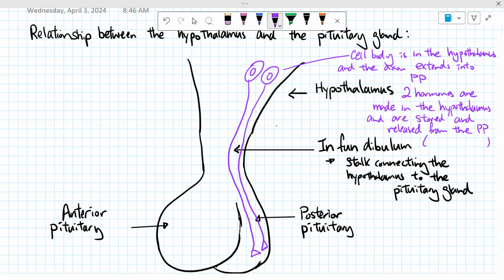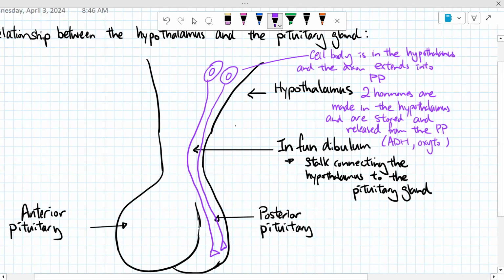So the hormones that I'm talking about are ADH, which you already learned. And then there's another one called oxytocin. Anybody heard of oxytocin? Maybe if you have a child, you might have heard of oxytocin. Okay, that's the one that induces labor.